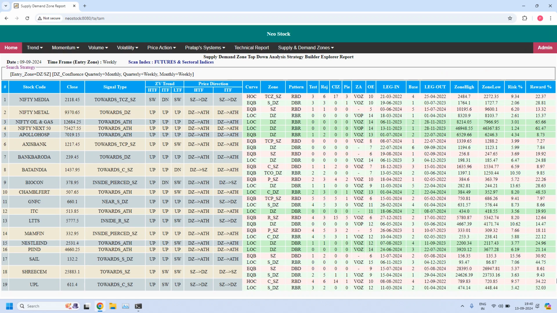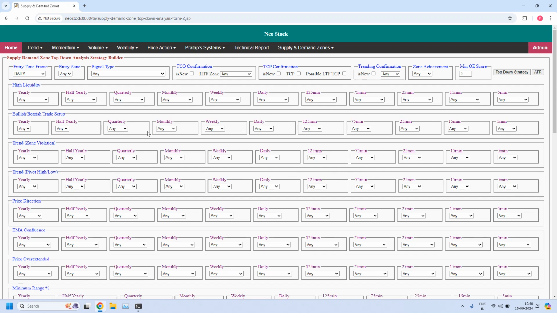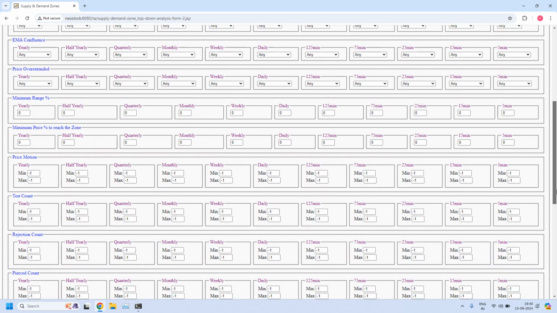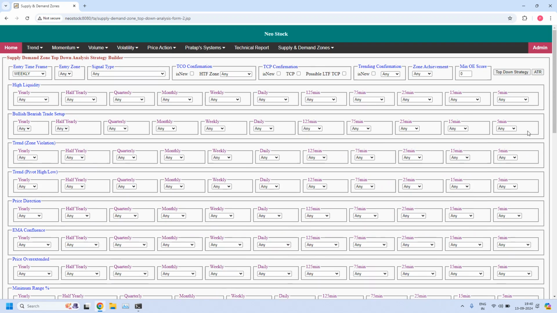Okay, exactly the same way, let us look for supply zone confluence, weekly supply zone with monthly supply zone confluence. So entry time frame is weekly. Let's verify the supply zone confluence. Weekly supply zone with monthly supply zone confluence, I am enabling the filter. That is LTF, ITF zone confluence.